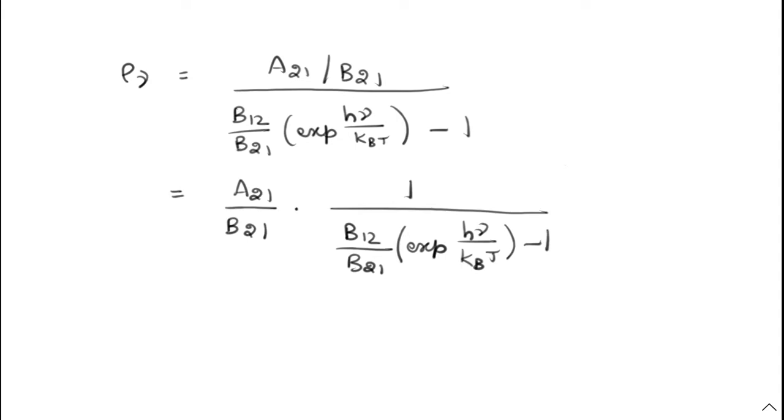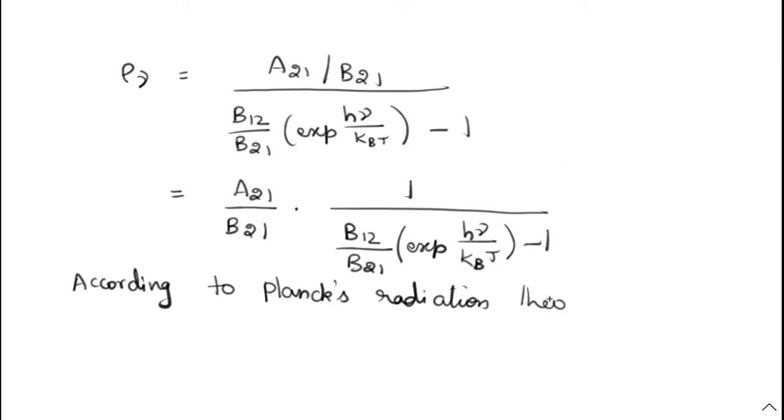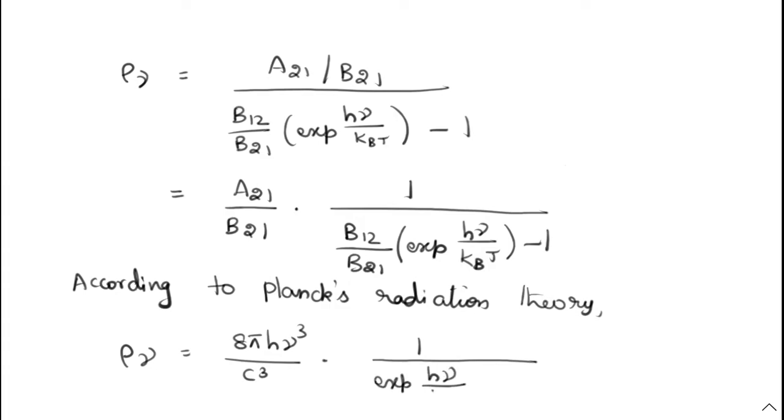In the beginning of the derivation itself I mentioned we are going to compare with Planck's theory of radiation. So according to Planck's radiation theory, rho nu can be written as rho nu is equal to 8 pi h nu cube divided by c cube into 1 divided by exponential of h nu divided by kBT minus 1.